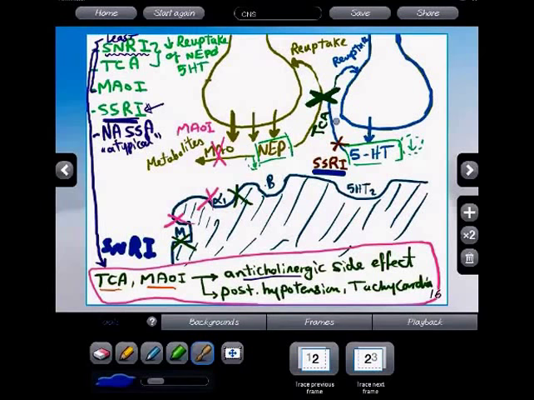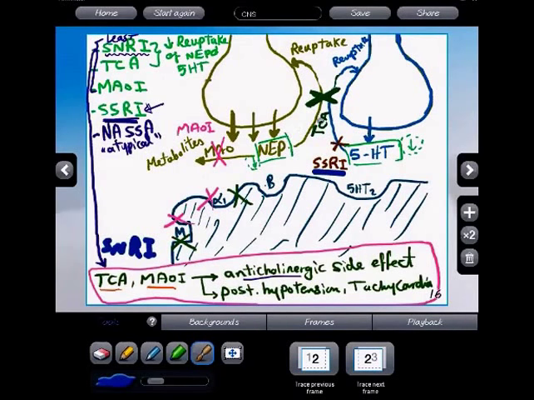The serotonin norepinephrine reuptake inhibitors are another category that has the same mechanism of action as the tricyclic antidepressant, which is inhibiting the reuptake of norepinephrine and serotonin. But the serotonin norepinephrine reuptake inhibitors have lower side effects than the tricyclic antidepressant.